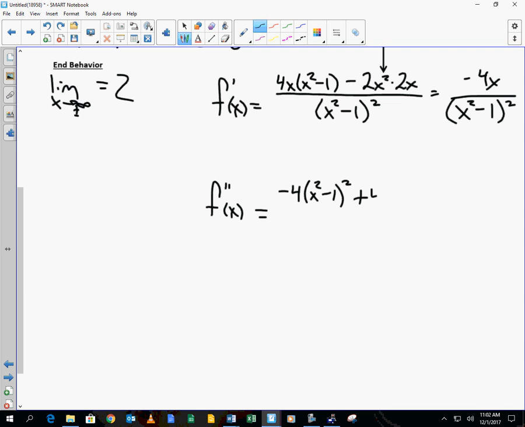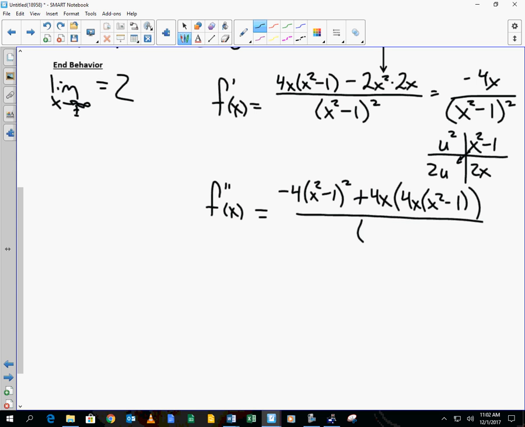So plus 4x times the derivative of the bottom. Yep, better use that chain rule. Good thing we got that, huh? Yeah, I got a 4x there. And what's u? x squared minus 1, all over the bottom, the fourth.